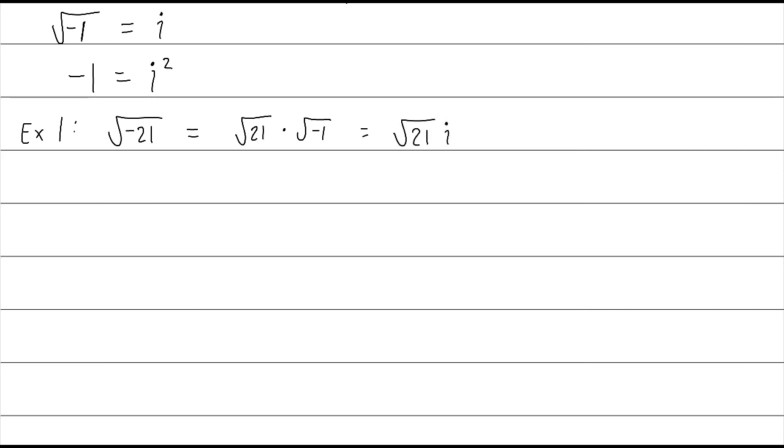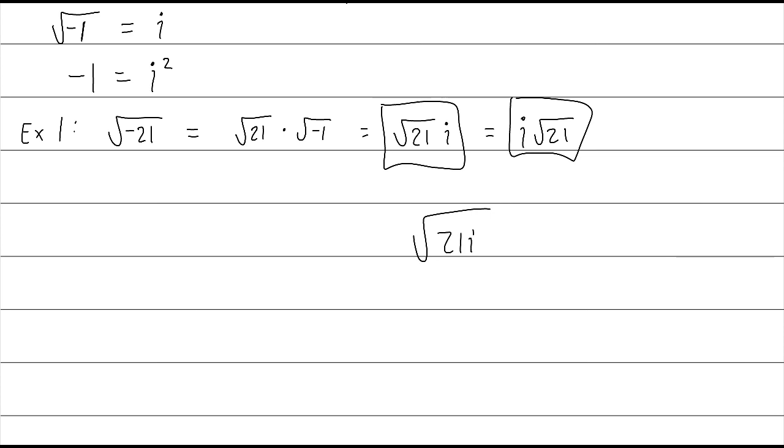You want to be careful not to put this i under the square root. That's not the same thing at all. Another way you may see this written is i times the square root of 21. These two are equivalent. Those are the acceptable answers. Do not put the square root of 21i with that all under the radical.